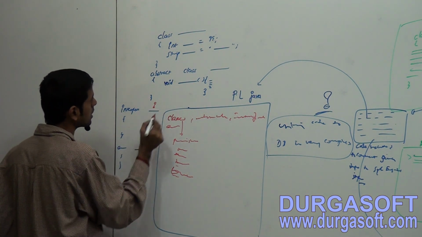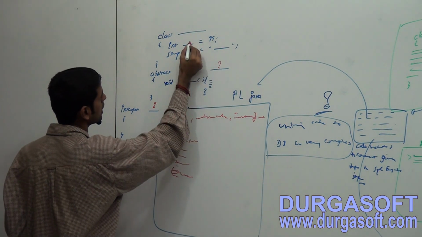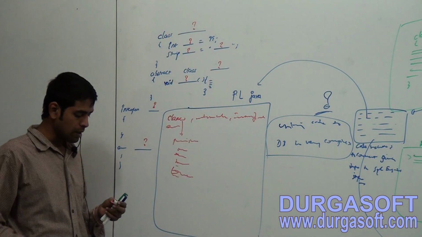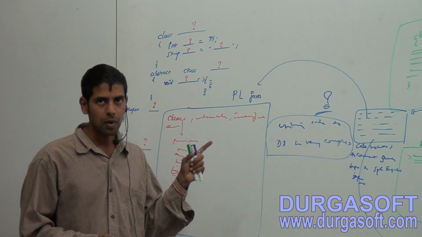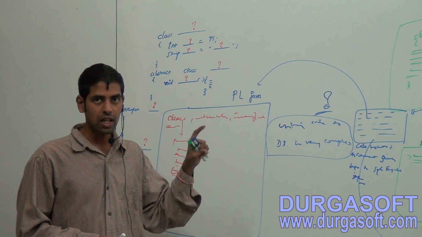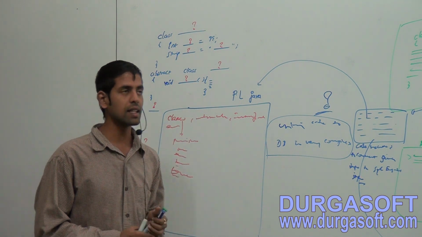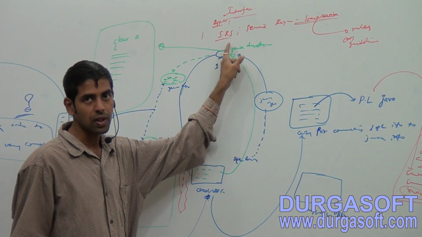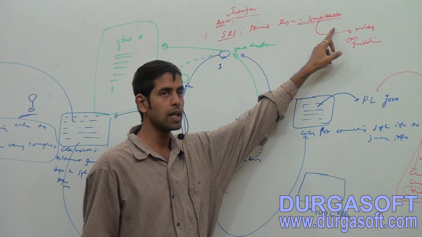Observe here these dashes, friends. These dashes, these question marks, they have to follow some specifications, some guidelines. That is what our service requirement specification is. Observe here, specification means what?